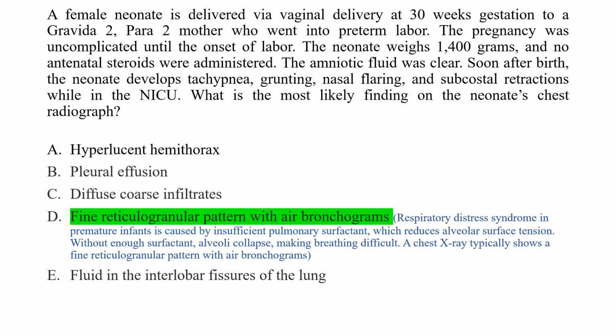Now, the job of surfactant is to reduce the surface tension in the alveoli, preventing collapse and making breathing easier. Without enough surfactant, the alveoli would collapse, leading to difficulty in breathing, which is seen as tachypnea, grunting, and retractions. A chest X-ray for respiratory distress syndrome would typically show a fine reticulogranular pattern with air bronchograms.